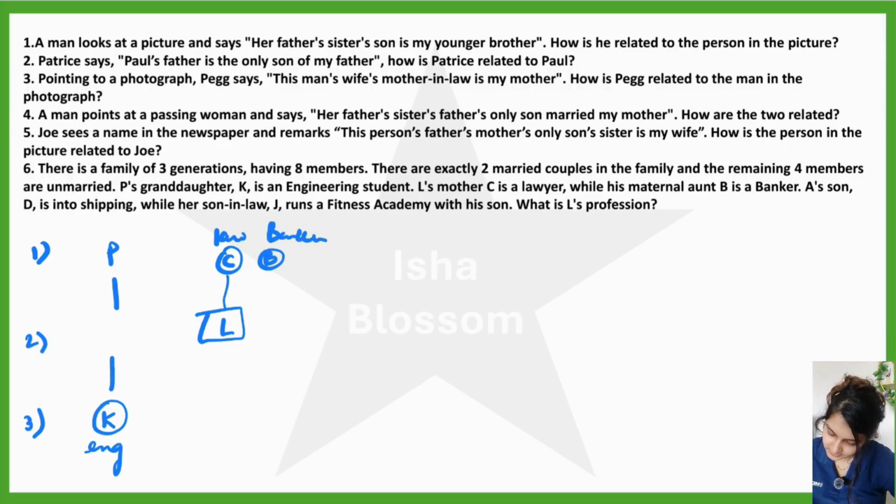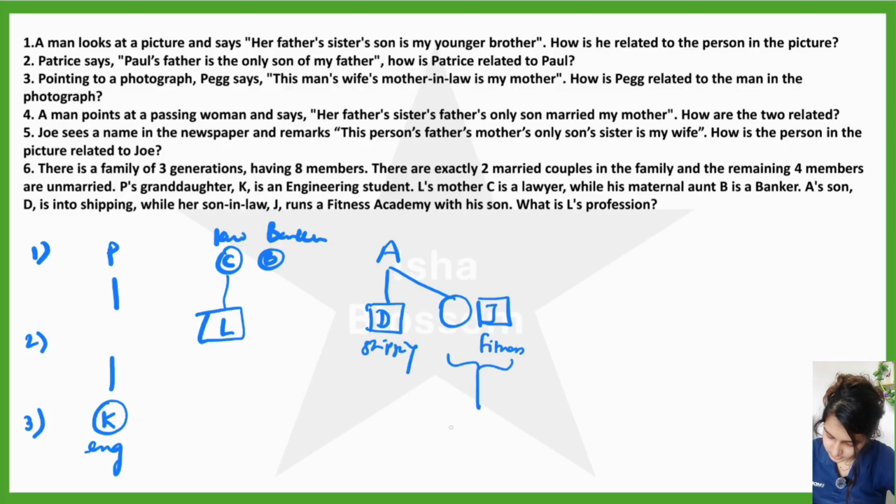Then next one says A's son D is into shipping, while her son-in-law, so she has one more daughter, married to a boy J, son-in-law J, runs a fitness academy, and they have a son, so he runs it with his son.